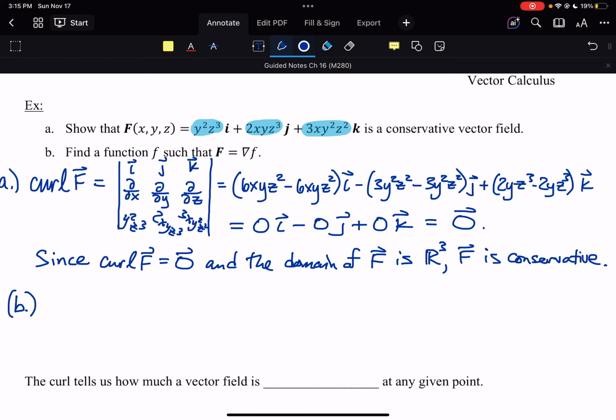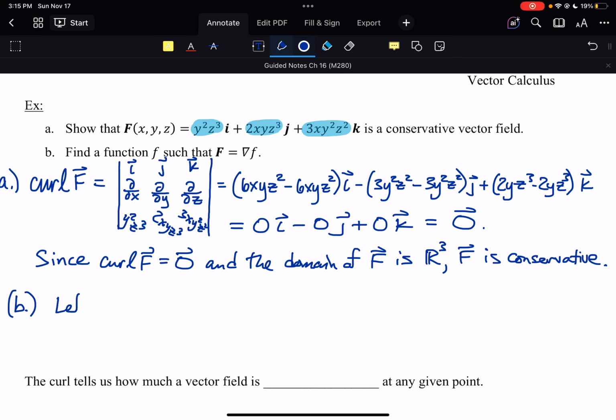For part B, it's asking us to find the potential function. So now that we know that there is a function, little f, that has this as its gradient, we can use processes similar to the previous sections to actually find that potential function.